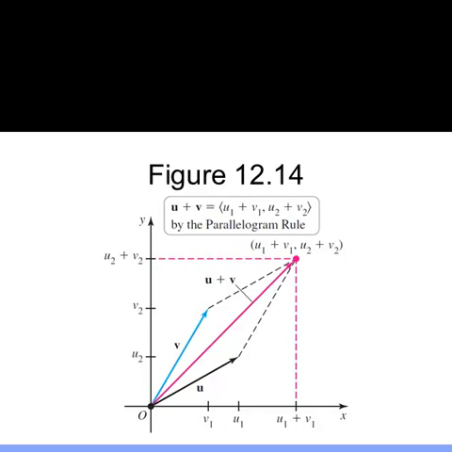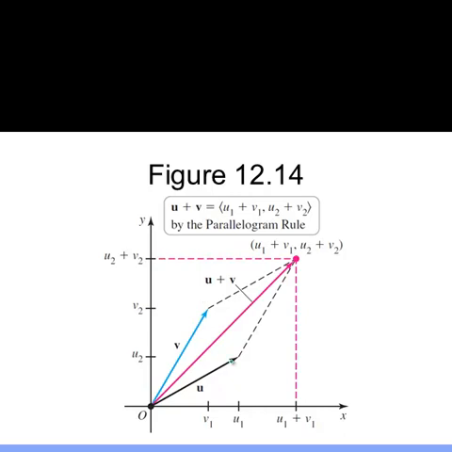All right. Now, we're going to talk about adding two vectors, but using the components so that we can algebraically add the two vectors. Here's a way of thinking about how we add the two vectors. We have vector u and vector v.